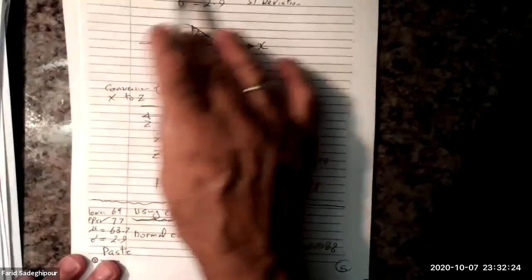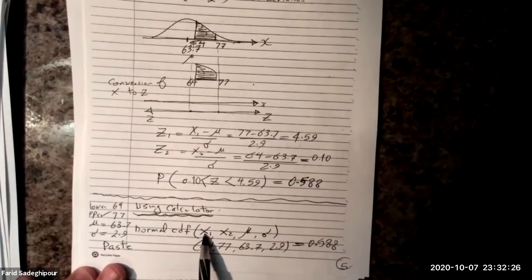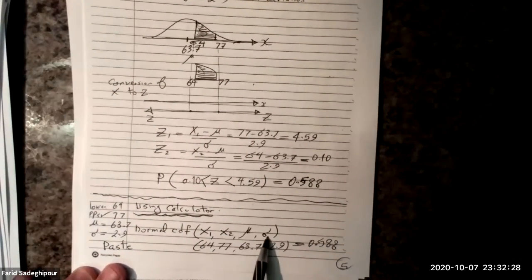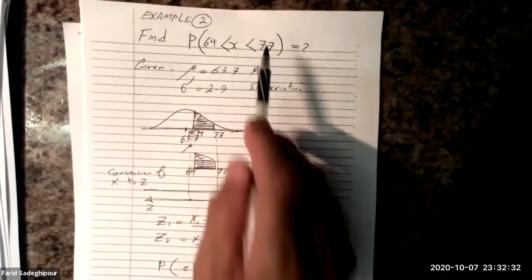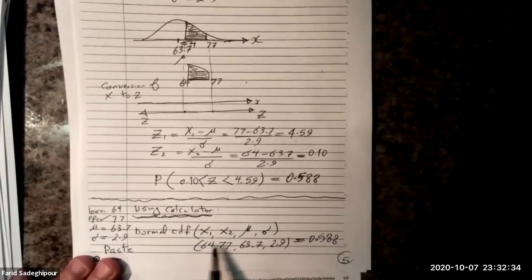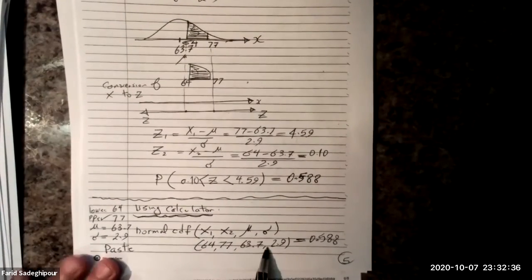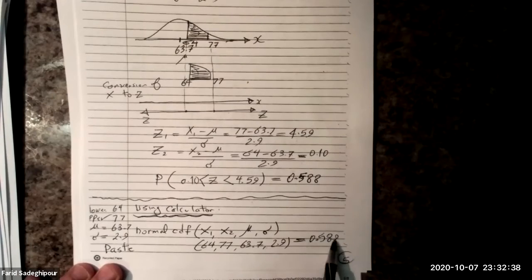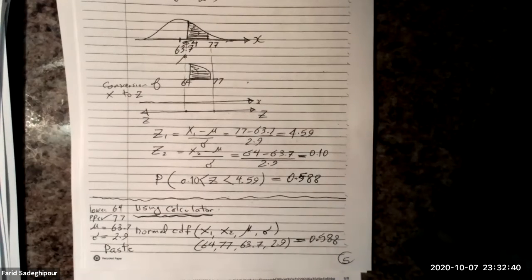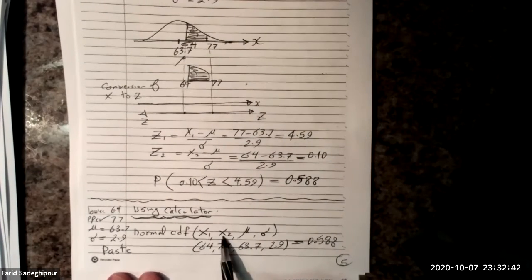You don't have to go through all these. Put X1, X2, mean, standard deviation, okay? X1, X2, mean, standard deviation, and the calculator will give you the area that you want.